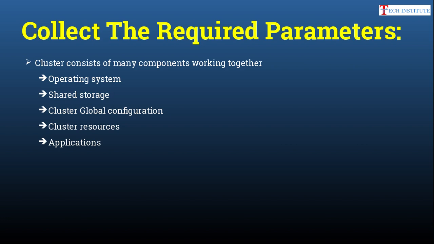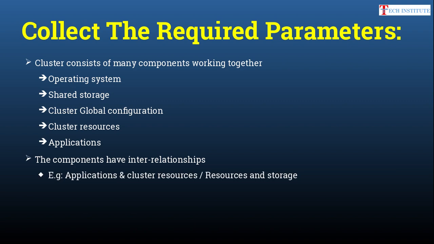Cluster global configurations are things like timeout values, and resources are whatever services you want to integrate with your cluster, and applications. These components have interrelationships between themselves, like your application is dependent on your cluster resource, or your resource is dependent on storage. So you have to carefully plan to implement your cluster.